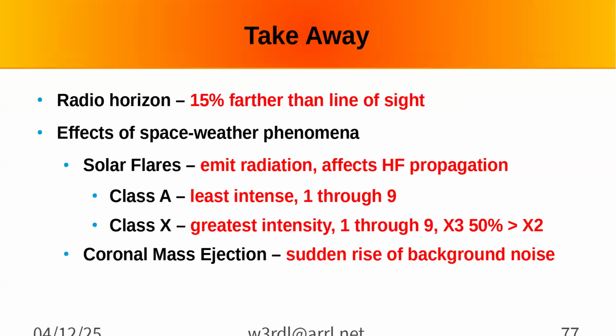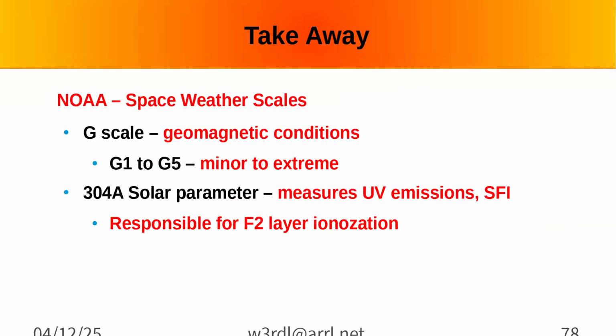And we measure those in class A and class X categories. And CMEs can cause a sudden rise of background noise when it's going to miss us. If it's headed for us, we are in trouble.